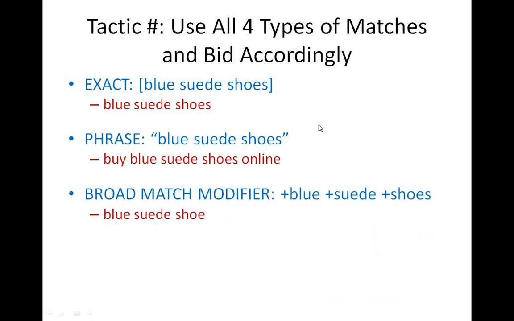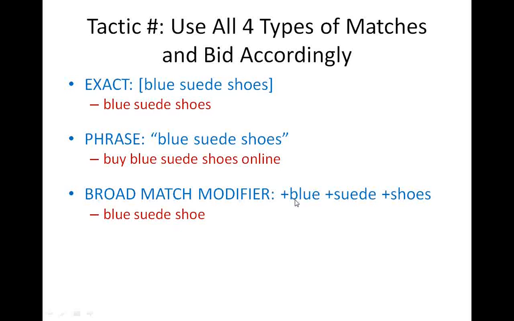Then, not a lot of people know this, but you can use a broad match modifier. So in this case, you have plus blue, plus sweat, plus shoes. And basically, you're telling Google AdWords that you want to find these 3 terms. But for example, if someone searches for shoe instead of shoes, Google will still show your ad because shoe and shoes are really similar.